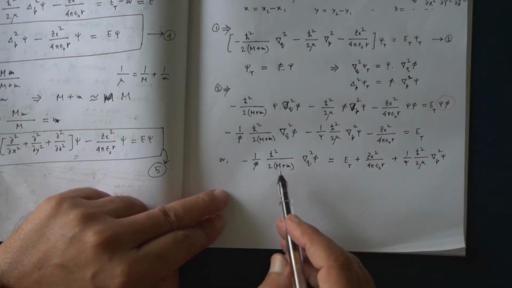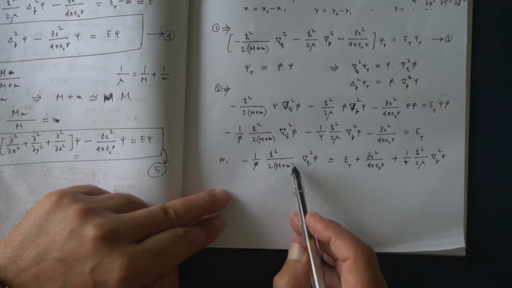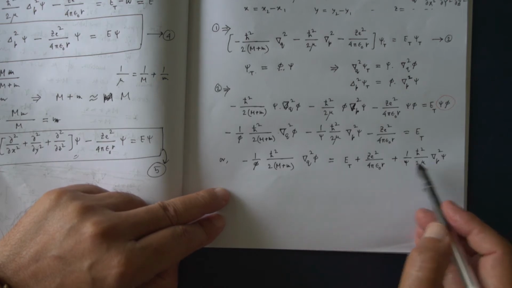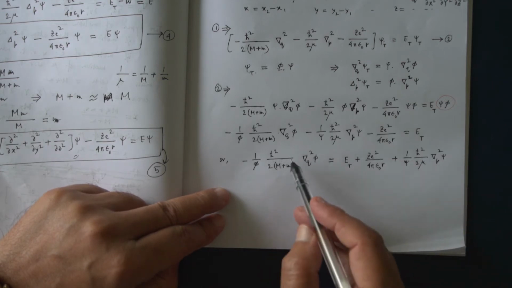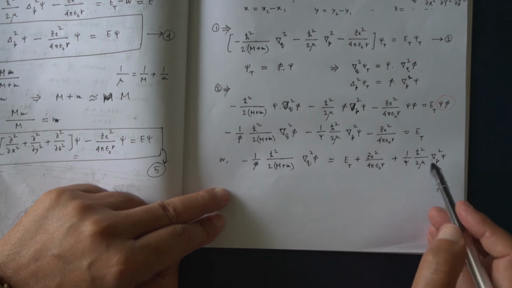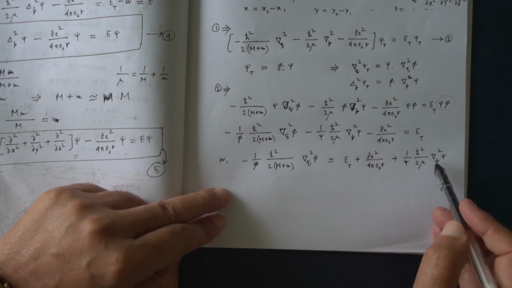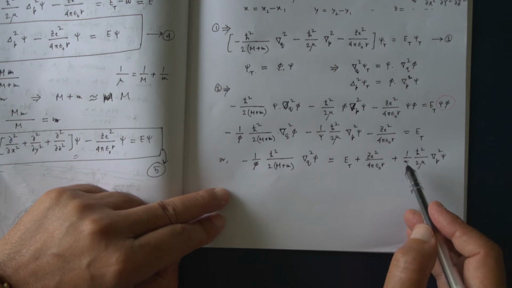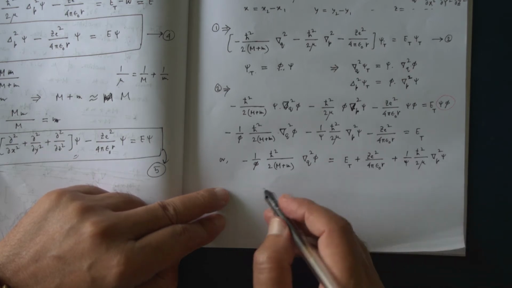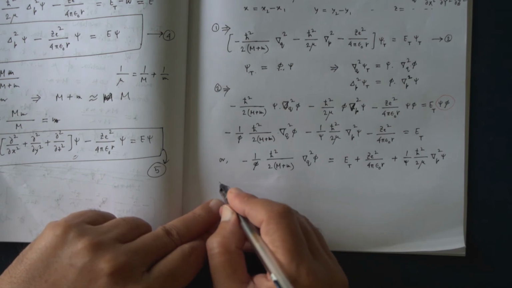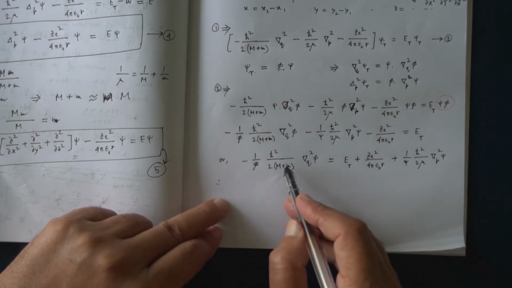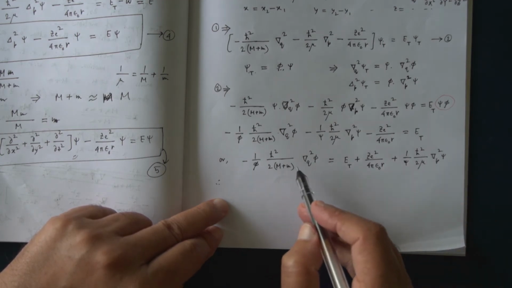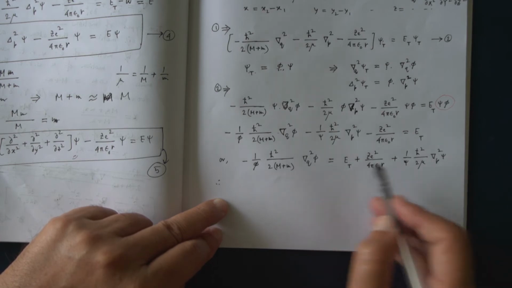Now here you see, this portion is independent of small x, small y, small z. This portion is independent of capital X, capital Y, capital Z. But they are equal.